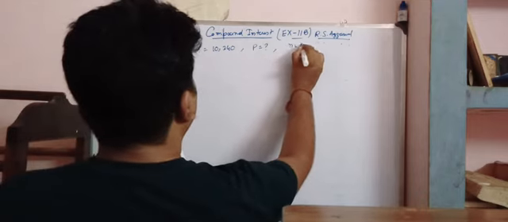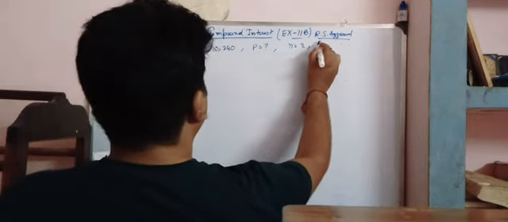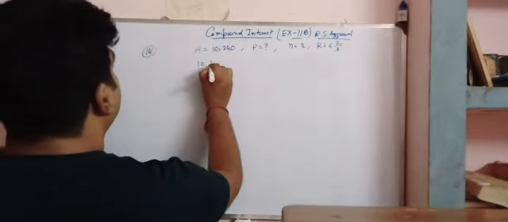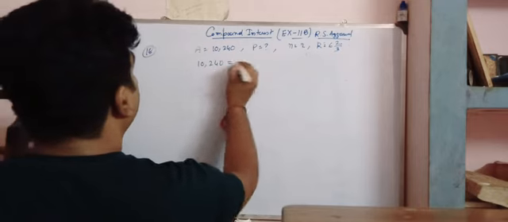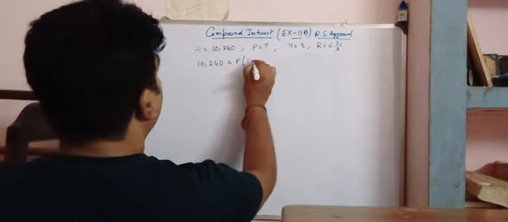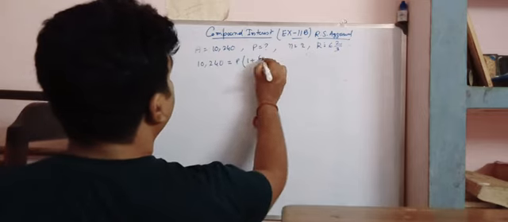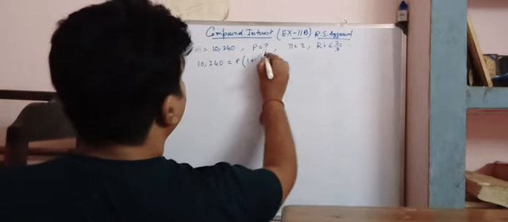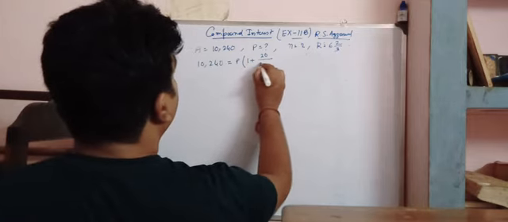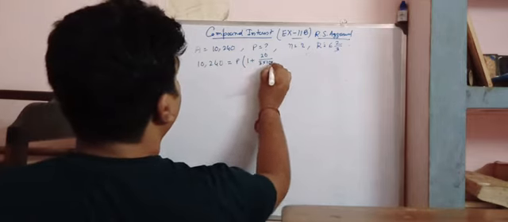N is equal to 2 and rate is equal to 6 whole 2/3. So here 10,240 is equal to P into 1 plus 6 whole 2/3, which means 20/3 into 100, whole to the power 2.